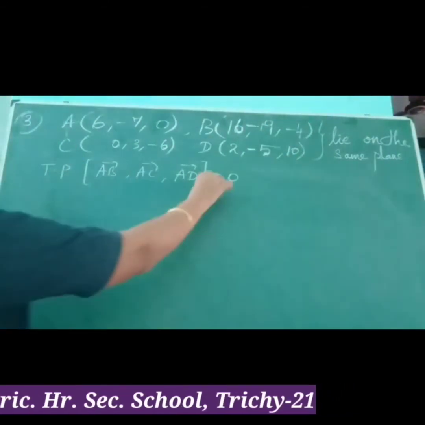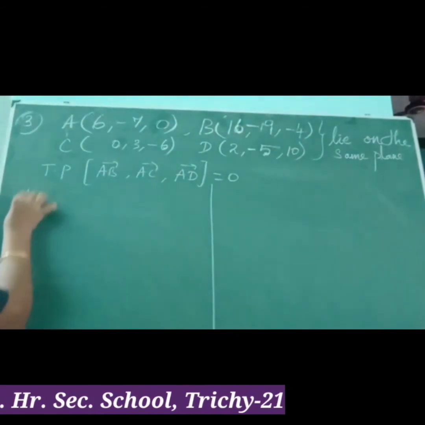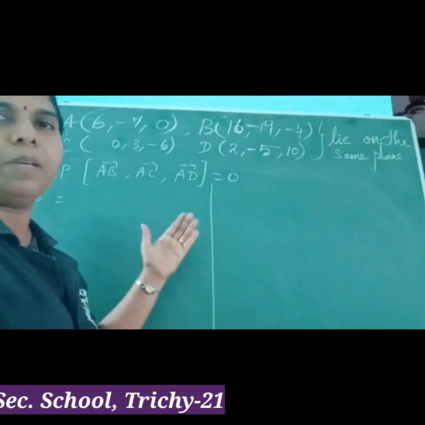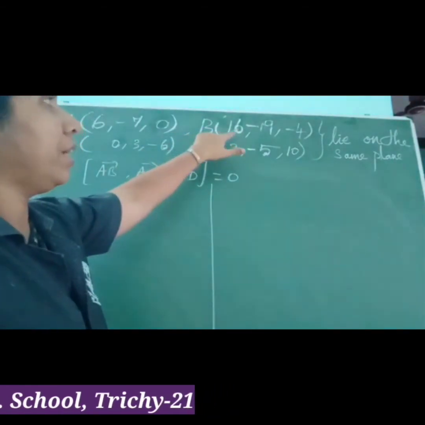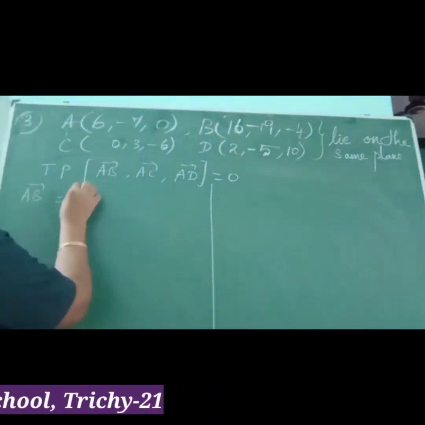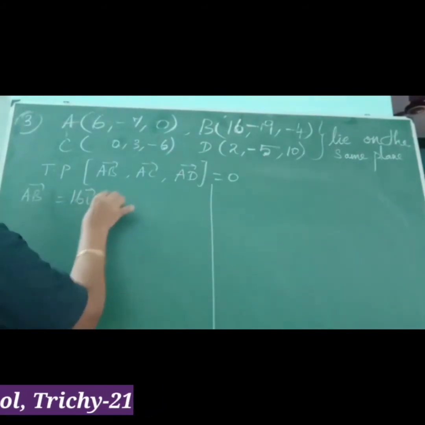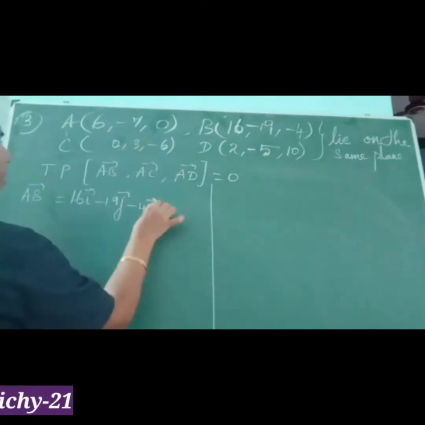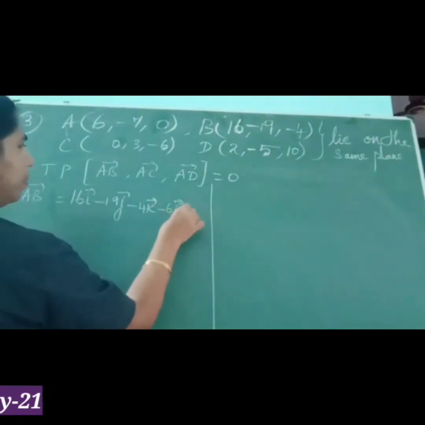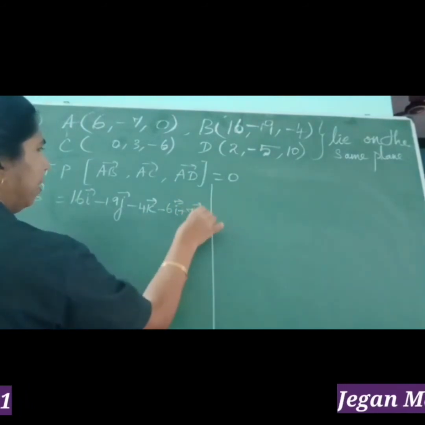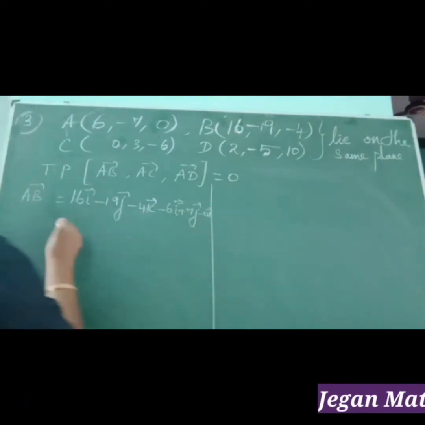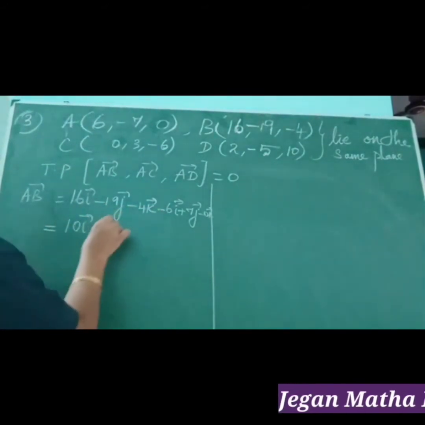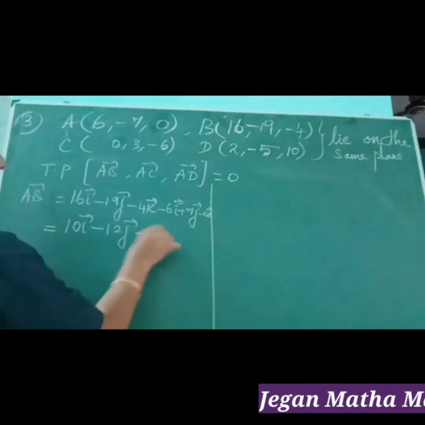So first part we have to find out the AB vector. We know AB vector means OB minus OA. You know how to write this in vector form also. So you can write 16i minus 19j minus 4k minus 6i plus 7j minus 0, which is equal to 10i minus 12j minus 4k.